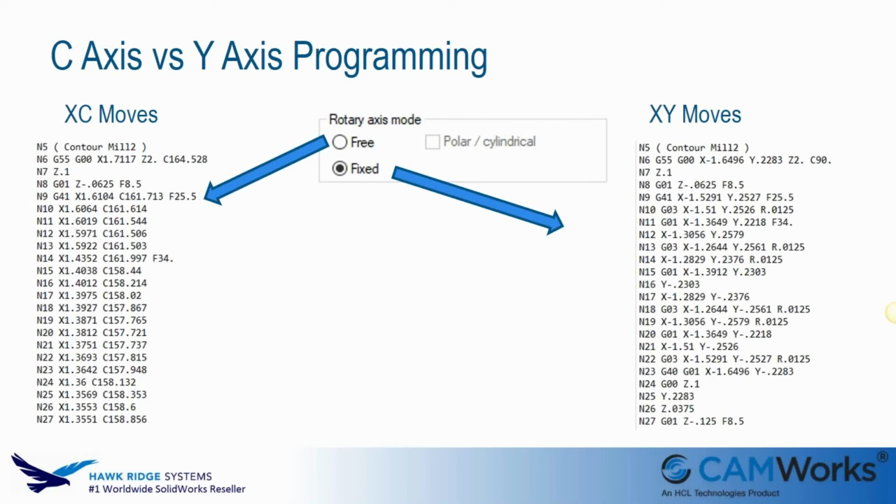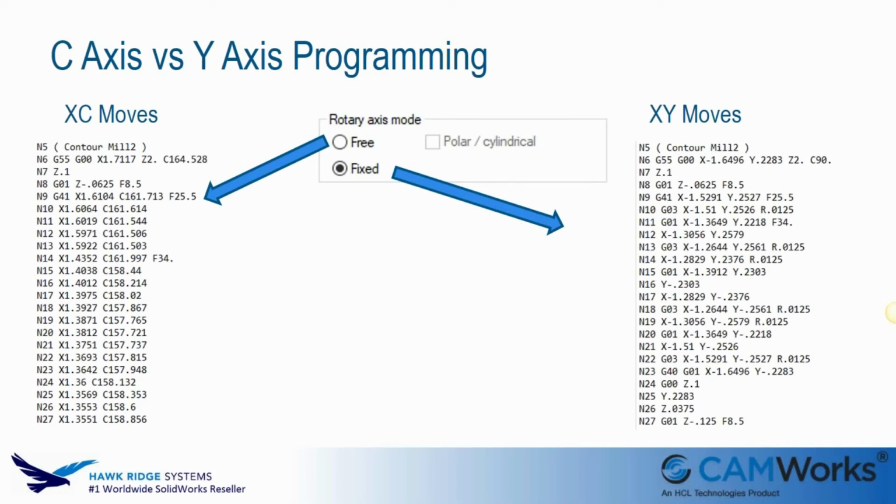And the key setting in here when we're wanting to do something with either the C-axis or the Y-axis is in the NC tab of the operations, you will see this rotary axis mode. And it says if it's either free or fixed. And this is with reference to the C-axis, so the main spindle rotating or the sub-spindle rotating.